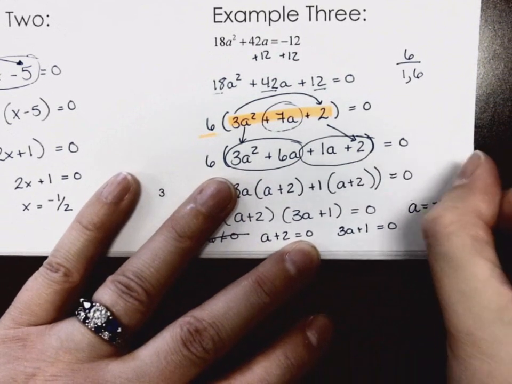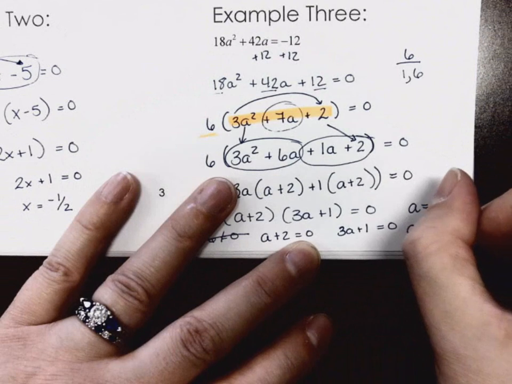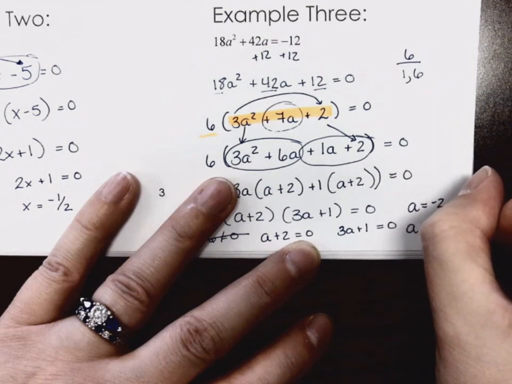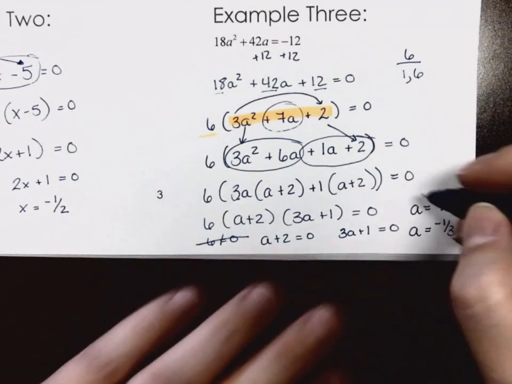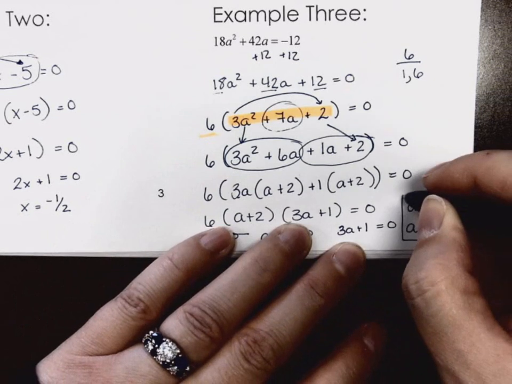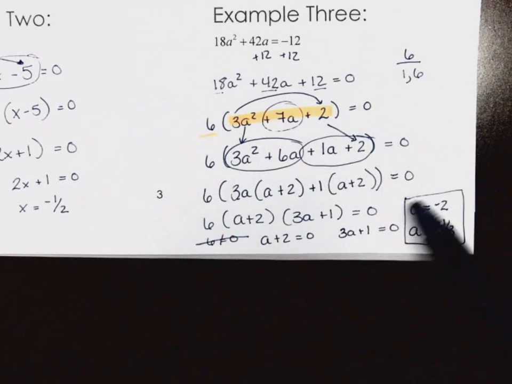A is equal to negative 2, and A is equal to negative 1/3. So those would be my A-intercepts or my X-intercepts, whatever you want to call them. Horizontal intercepts, horizontal axis intercepts.